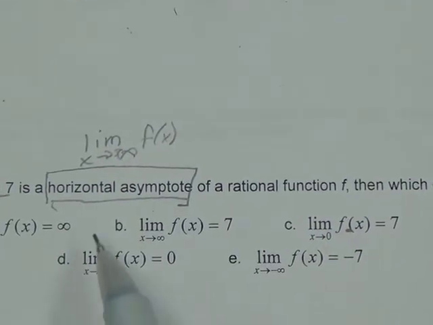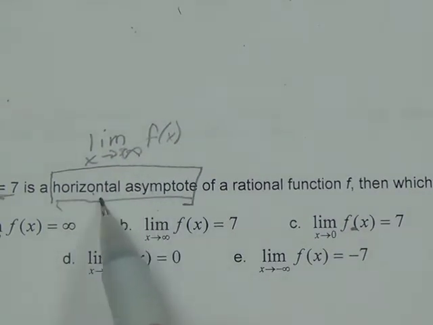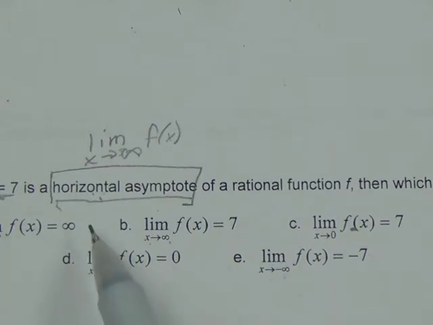So when you look at your choices, once you know you have a horizontal asymptote here, that means we found a limit as x either goes to infinity, or as x goes to negative infinity, meaning it can't be A, D, or E, because these are calculating limits as we go to 7, 0, and 7. Horizontal asymptotes, we have to be approaching infinity or negative infinity.